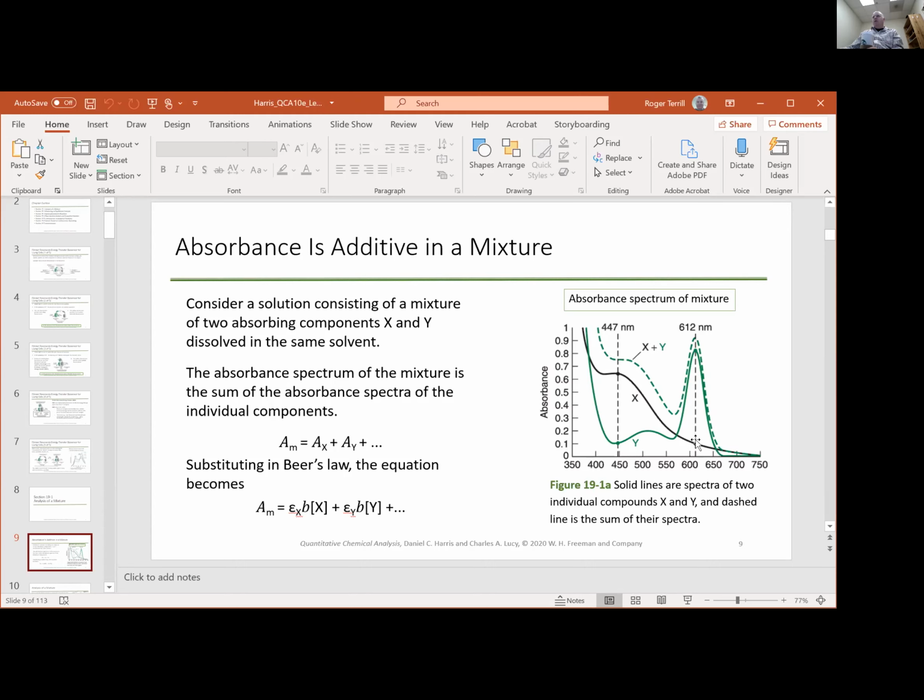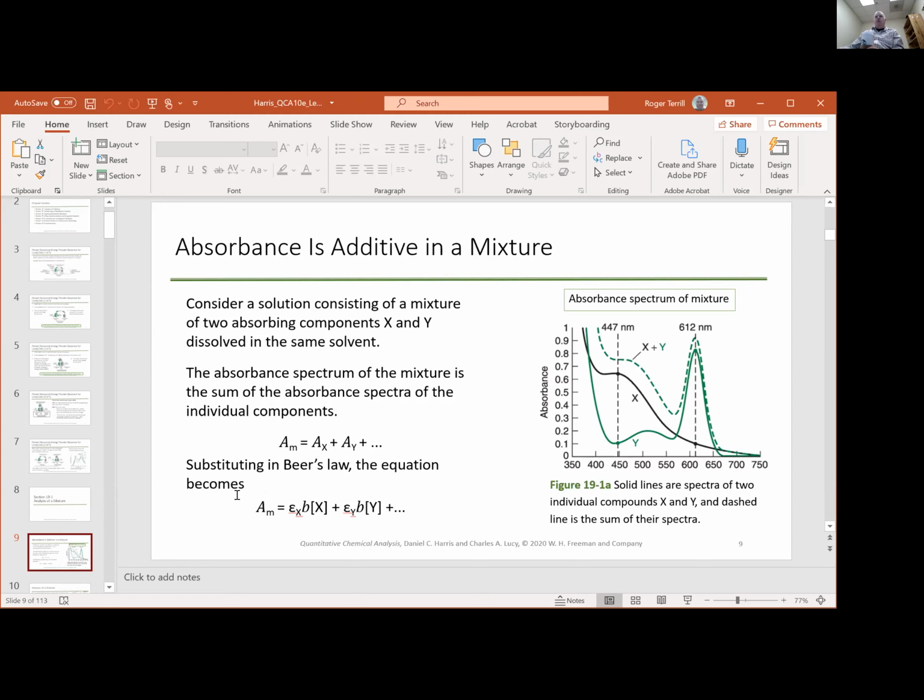And this dashed absorption spectrum, at whatever wavelength you choose, should be the sum of some amount of X and some amount of Y, right? The absorption from some amount of X and the absorption from some amount of Y should add up to the absorption of that mixture, right? And so the way that we express that is simply A_M equals A_X plus A_Y.